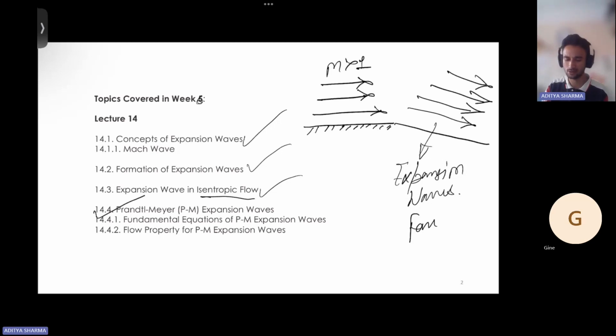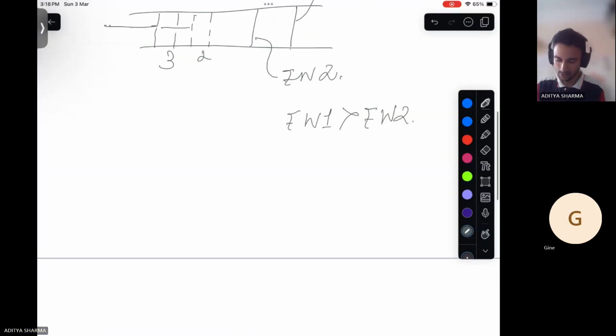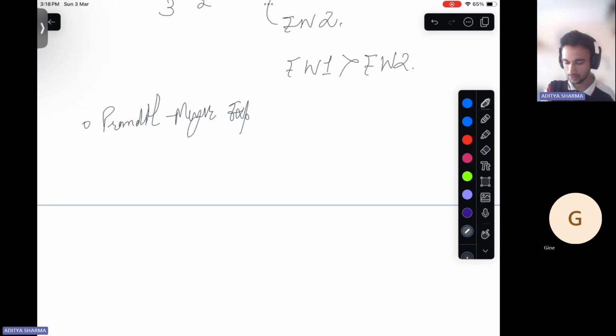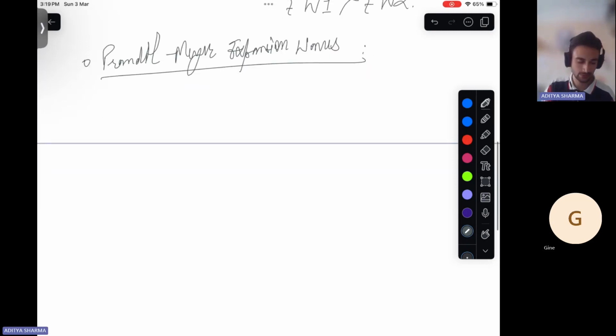It's important that we understand the various elements of an expansion wave in terms of its graphical representation. I'll just draw this so that when somebody encounters a numerical based on Prandtl-Meyer expansion waves, these terms should be clear, right?